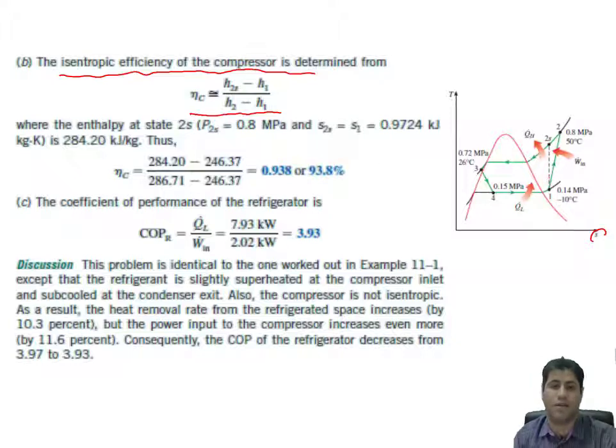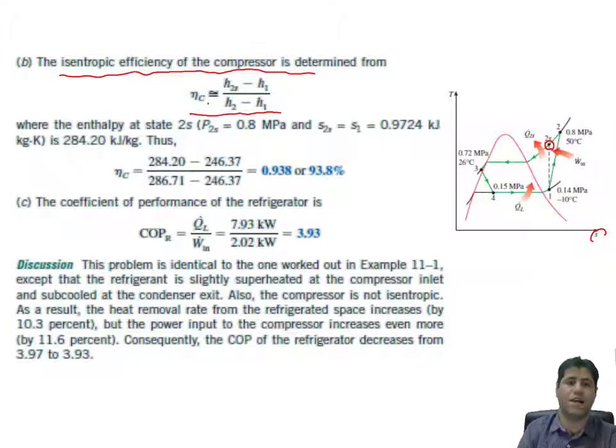But because we are also interested in calculating the isentropic efficiency of the compressor, we can assume that the compressor is isentropic. Then we will also have state 2s. State 2s has an interesting characteristic: the entropy at state 2s is equal to the entropy at state 1, based on this assumption.